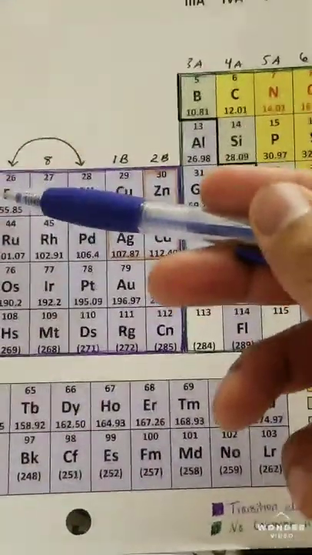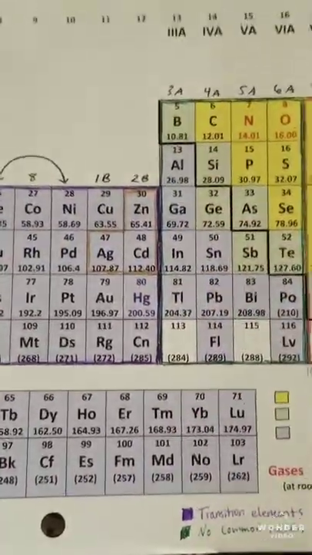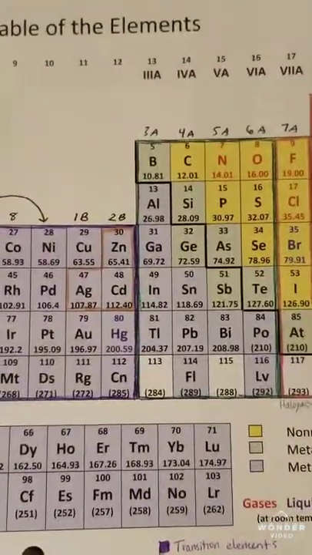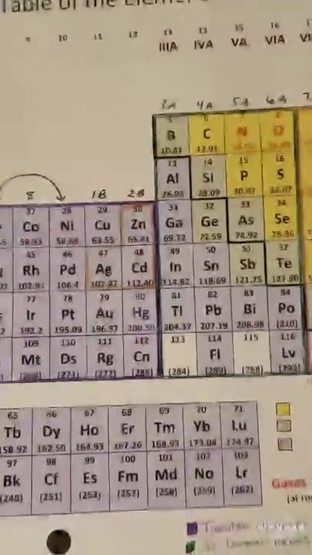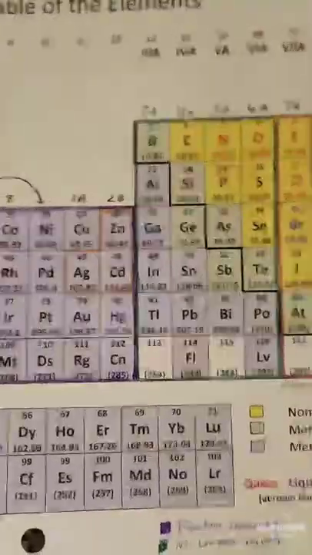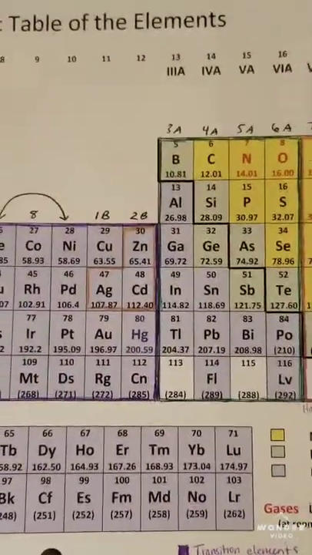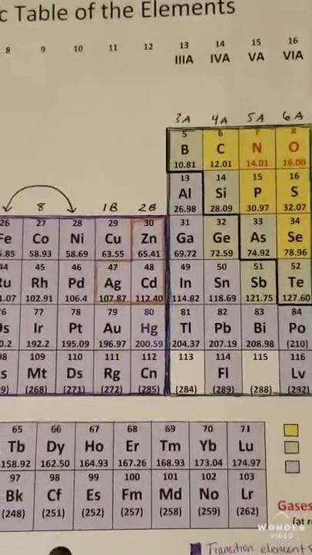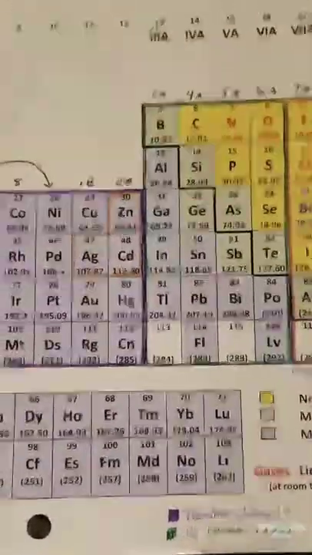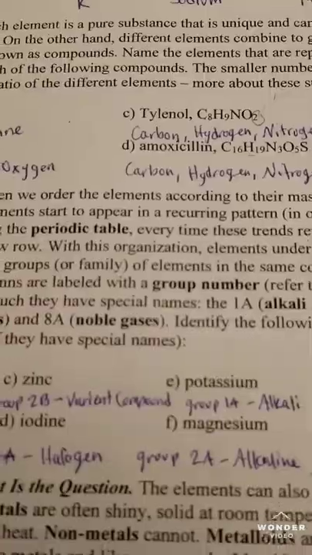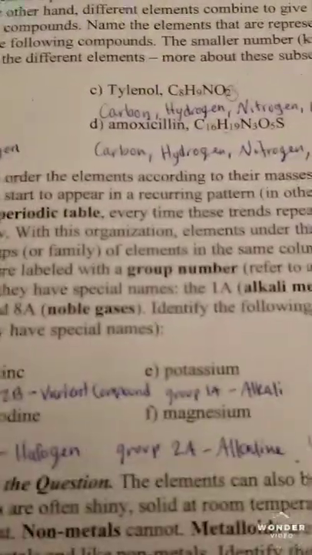So this one could be group 8, 8B, and that one is a transition metal or transition element. Now, all done with number 3. Hopefully you understood that. Let's move on to number 4.